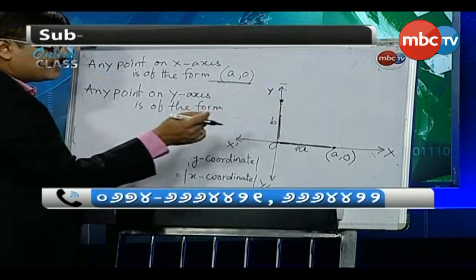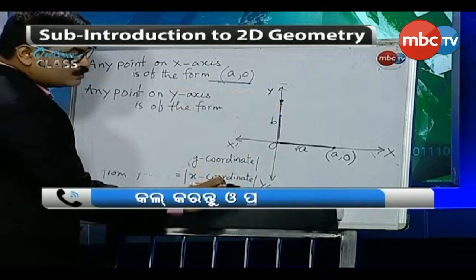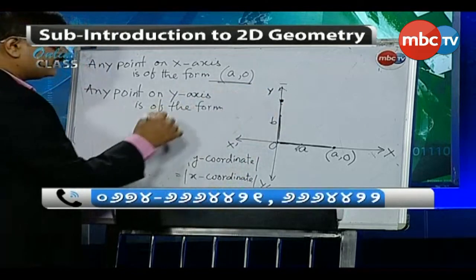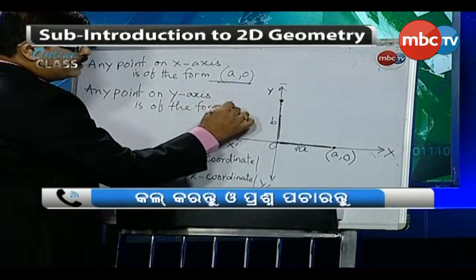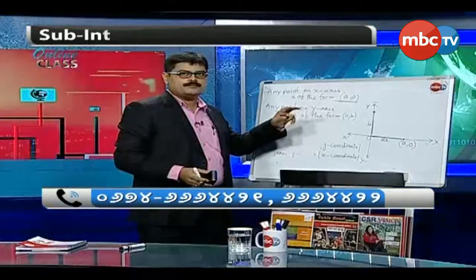So the distance from the y axis means the modulus of the x coordinate is 0, or the x coordinate will be 0. So the point will be of the form (0, b).